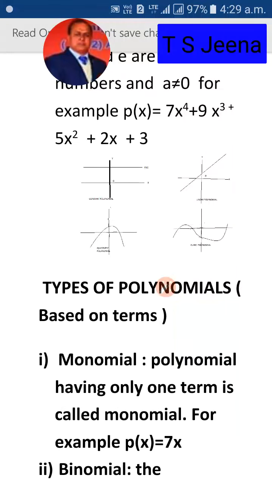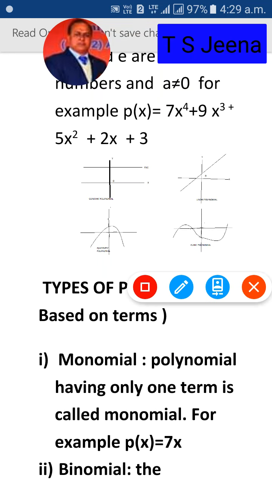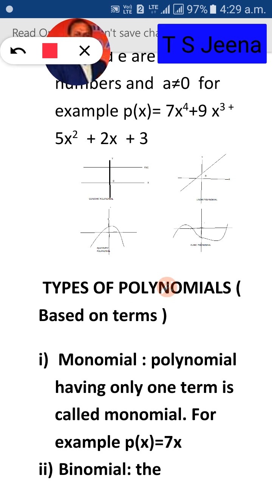Here four graphs are given, in which the first graph is a constant polynomial because its height from the x-axis is constant. This is a linear polynomial. It forms a straight line. The third is a quadratic polynomial.